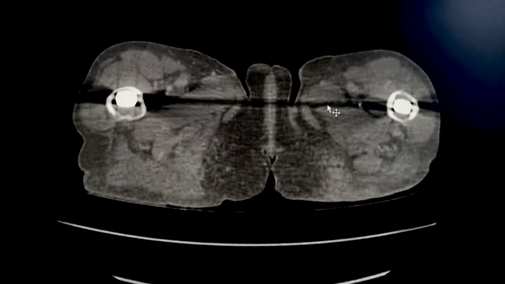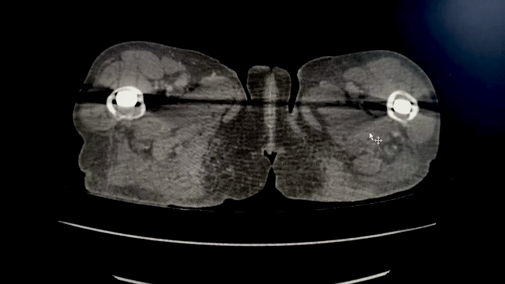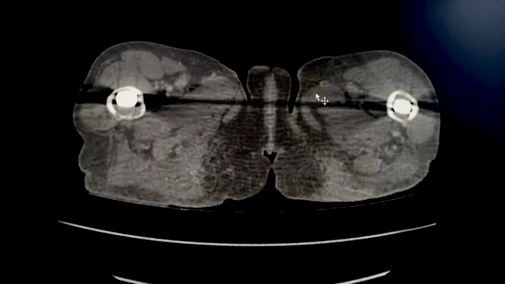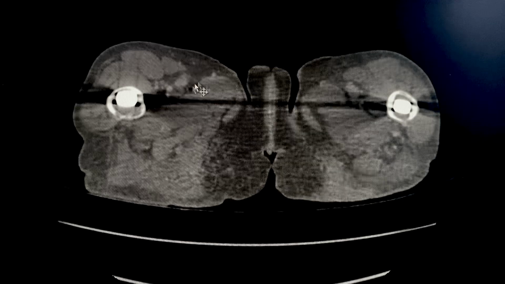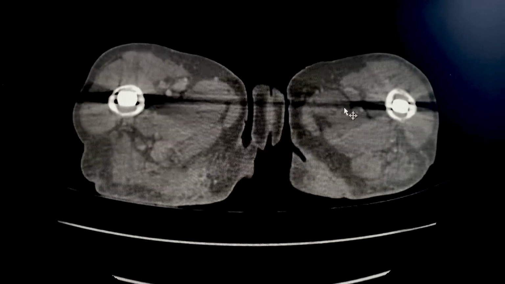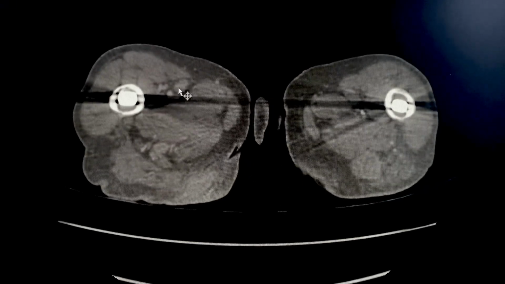putting together the pain at rest with calcific or atherosclerotic changes of the arteries of the lower limbs, we can safely say that this patient has stage 3 chronic limb-threatening ischemia according to Pokrovsky.